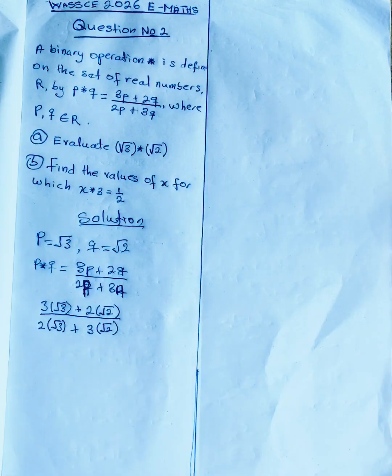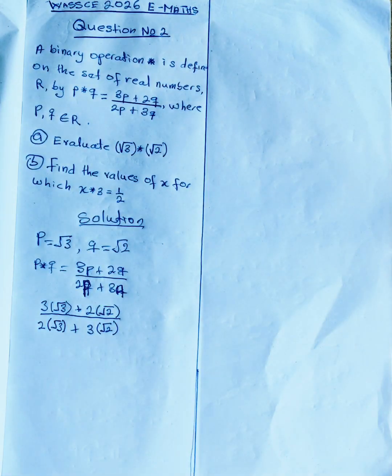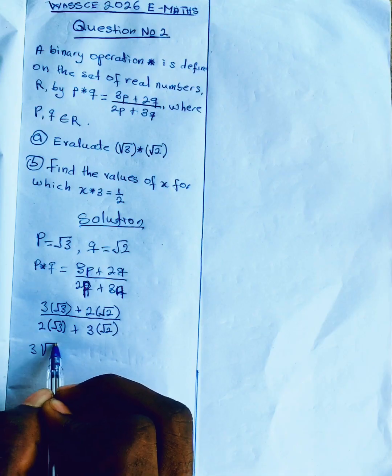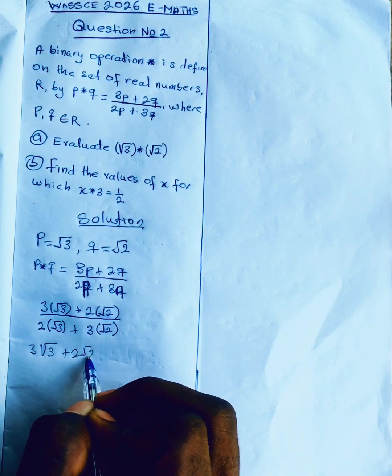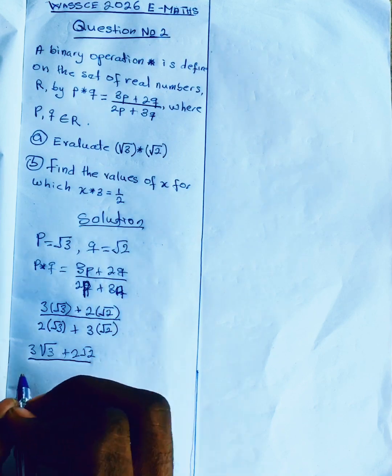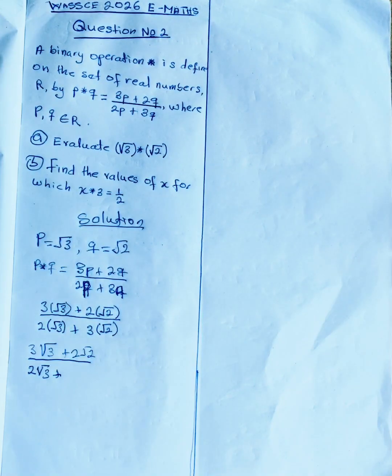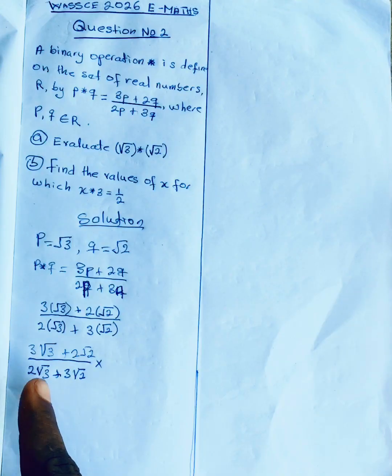Now, at this point, we are going to rationalize. When they say rationalize, it means that we are going to multiply the whole expression by the conjugate of the denominator. That is, we have (3 root 3 plus 2 root 2) divided by (2 root 3 plus 3 root 2), multiplying by the conjugate of this one.